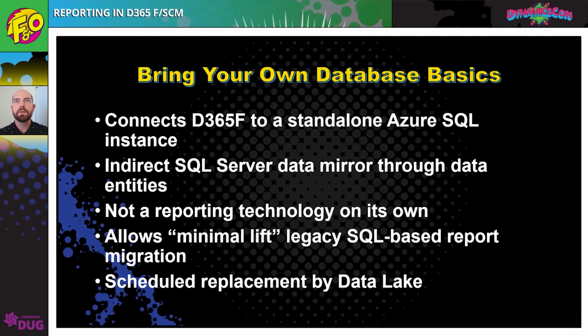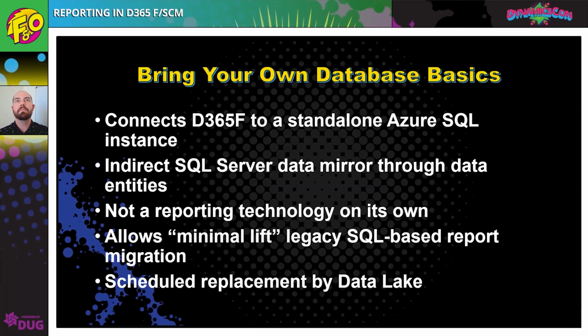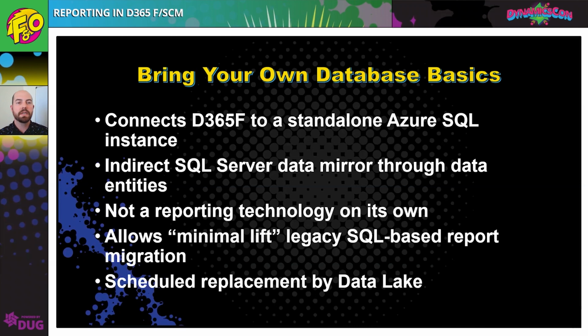So if your organization built external SSRS reports, you didn't use the old AX plugin, you're querying SQL directly, and you've already got the sunk cost, and you're looking at the investment to upgrade to one of these other technologies I've talked about, and it's not feasible.